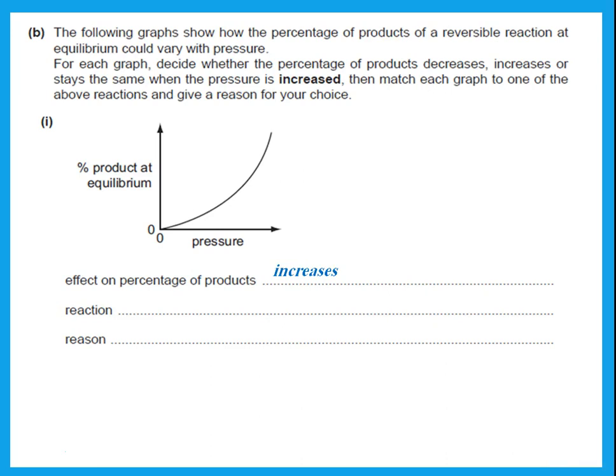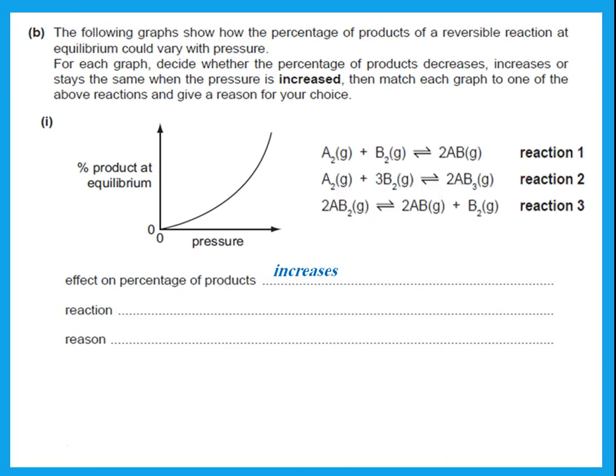Now he's saying match the graph to one of the above reactions. What were the reactions again? These were the 3 reactions we were supposed to do. So I want to choose a reaction in which increase in pressure increases percent products. Okay, let us take a look at the 3 reactions. The first reaction, if I go forward, it gives how many molecules? 2. If I go backward, it gives 2 also.